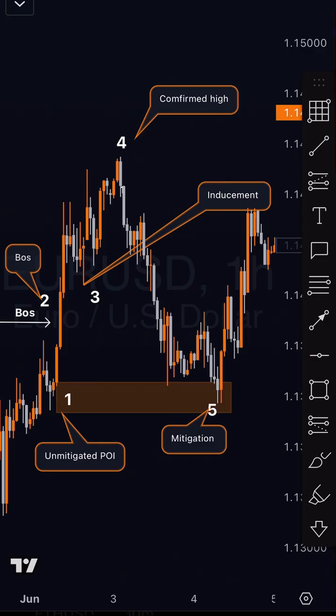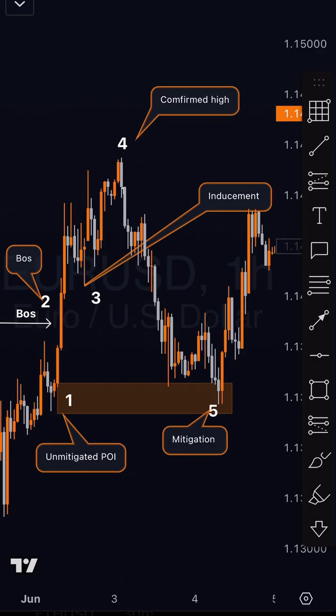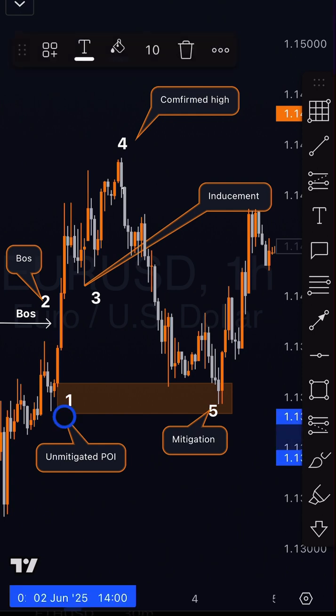So we have five steps here, and I've described what's happening on each step.